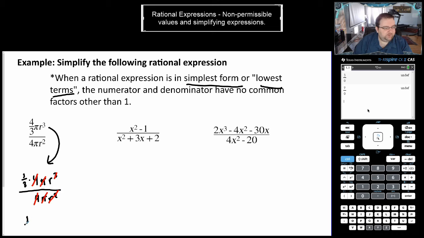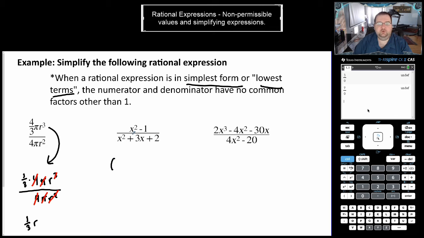All you're left with after you do all these cancellations is 1/3 r. Easy peasy. It might not have looked easy, but when you apply the things that we've learned before, it becomes quite easy to work with. Let's deal with this one.